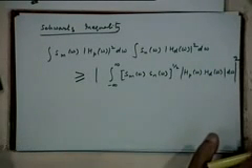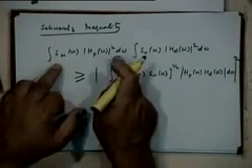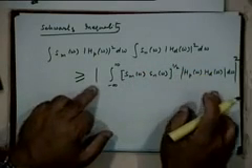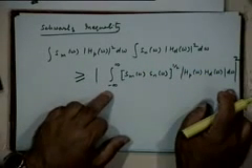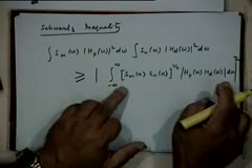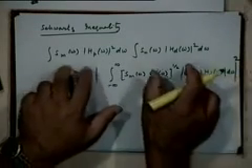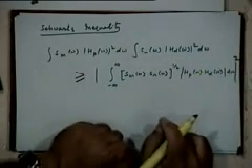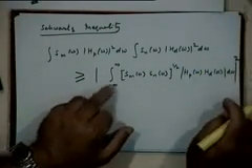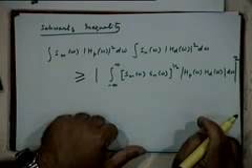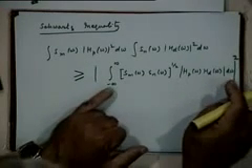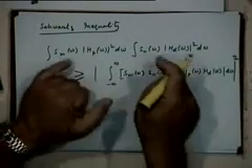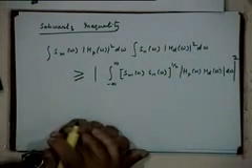This is what the Schwarz inequality states. That is, if I have two integrals like this which are being multiplied, their product will always be greater than the value of this single integral, whose integrand is the multiplication of the square roots of these two integrands, modulus square of this integral. So the modulus square of this integral will always be less than or equal to, if you separate them out, these two integrals.